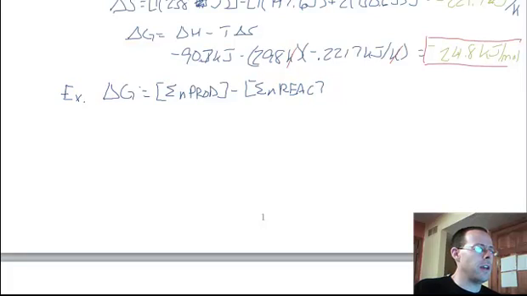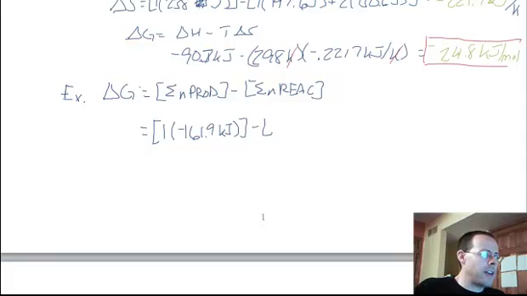And again, if you look in Appendix A at the back of the book, we have delta G values directly. So in this case, if we are calculating delta G, our product was methanol. We had one of them, and its delta G value is negative 161.9. We're back to kilojoules per mole.